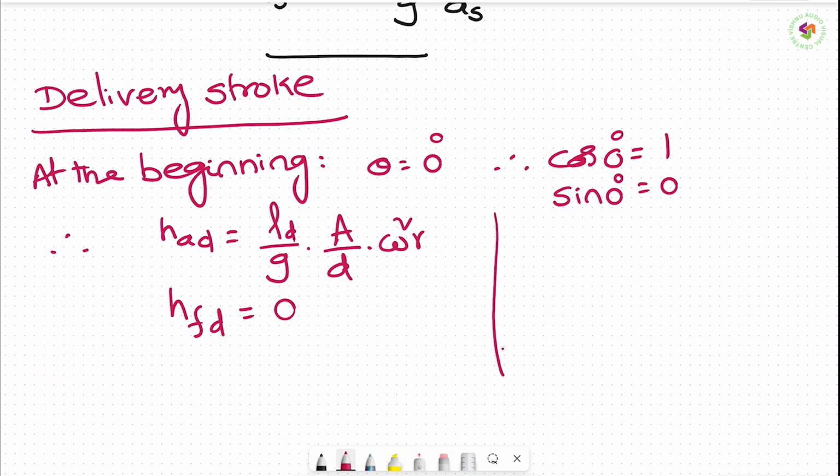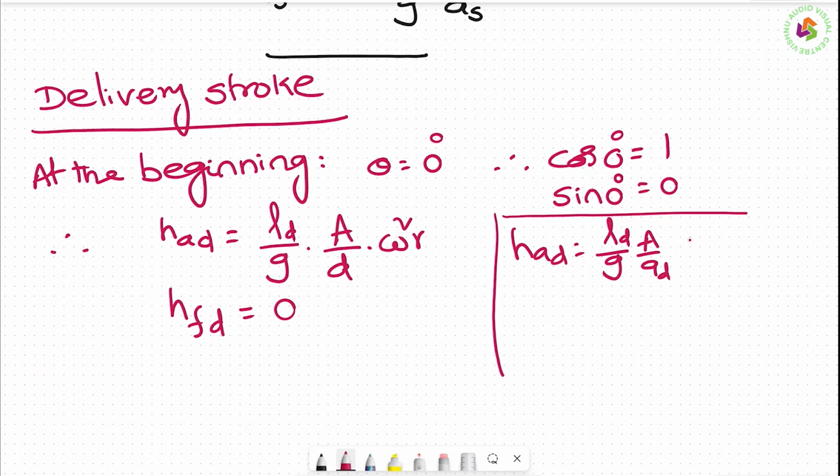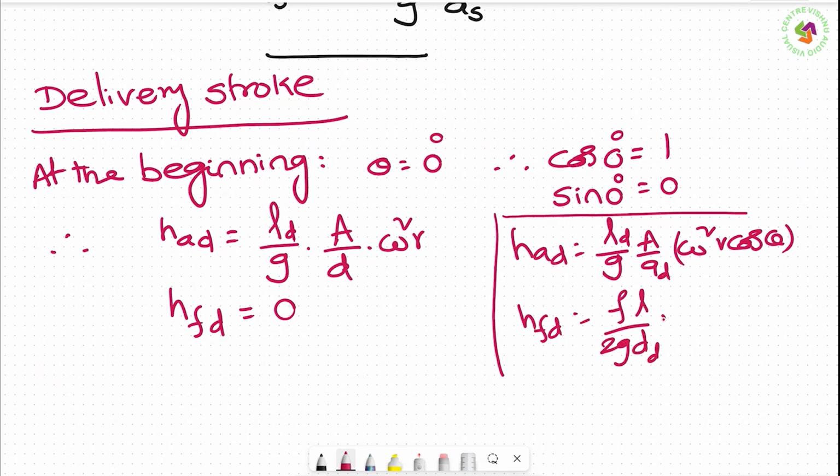You know the general equations for this: HAD is equal to LD by G, A by AD, omega square R cos theta. Similarly, HFD is equal to FLD by 2GDD into (A by AD omega R sin theta) whole square.